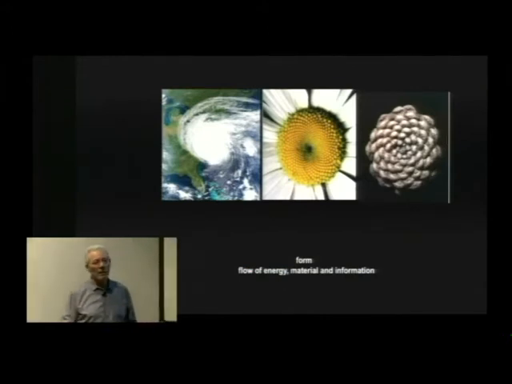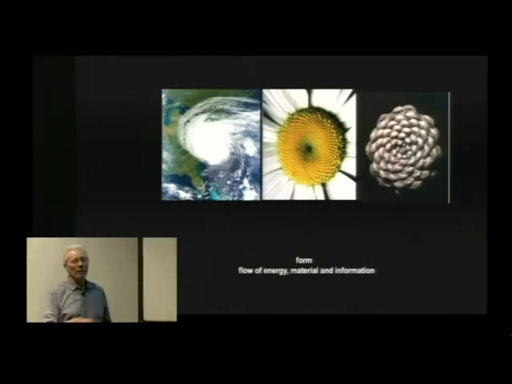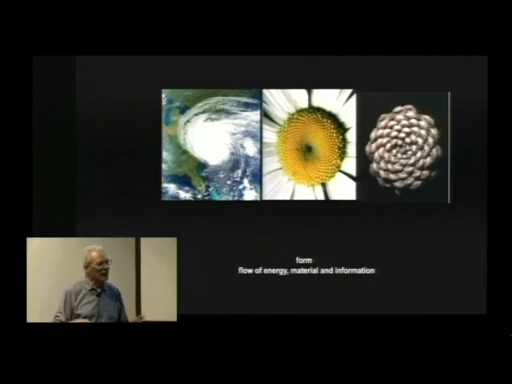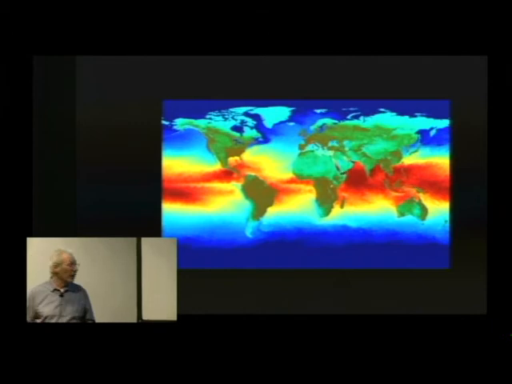And form is the product of the flow of energy, material, and information. And I'll do a little more detail about that. That's the first kind of very big difference in this topic, is understanding what form is to biologists and to those who work in complexity.